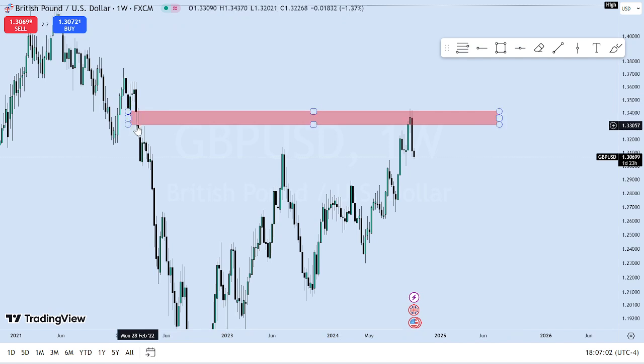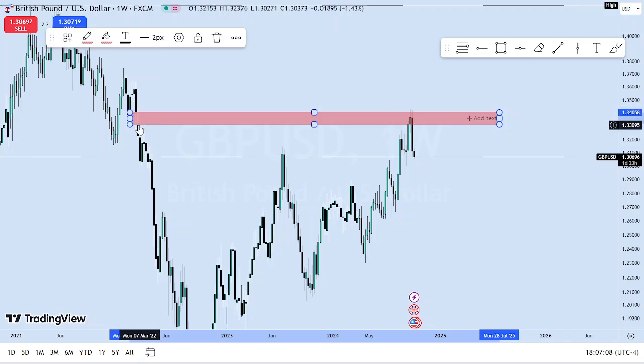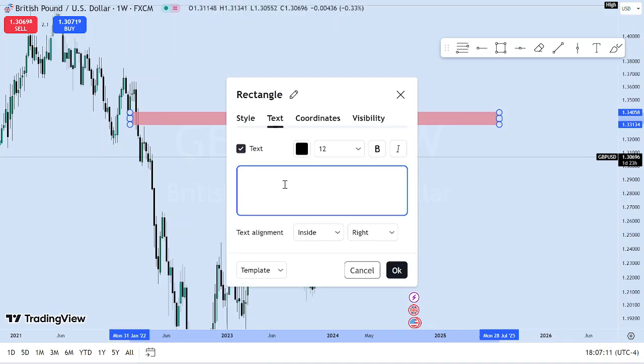You map it out like this, extend it to your right side, and annotate it between the low and this high. Call it volume imbalance.